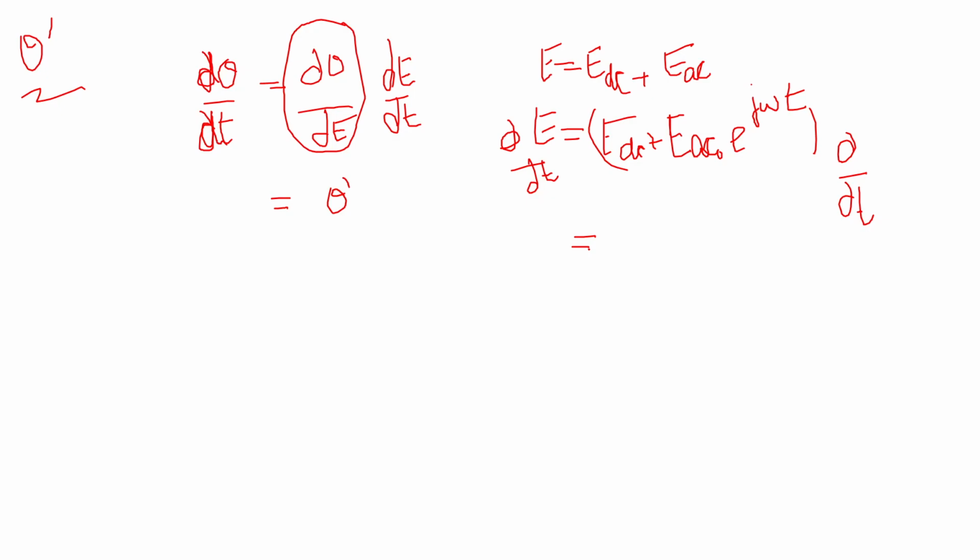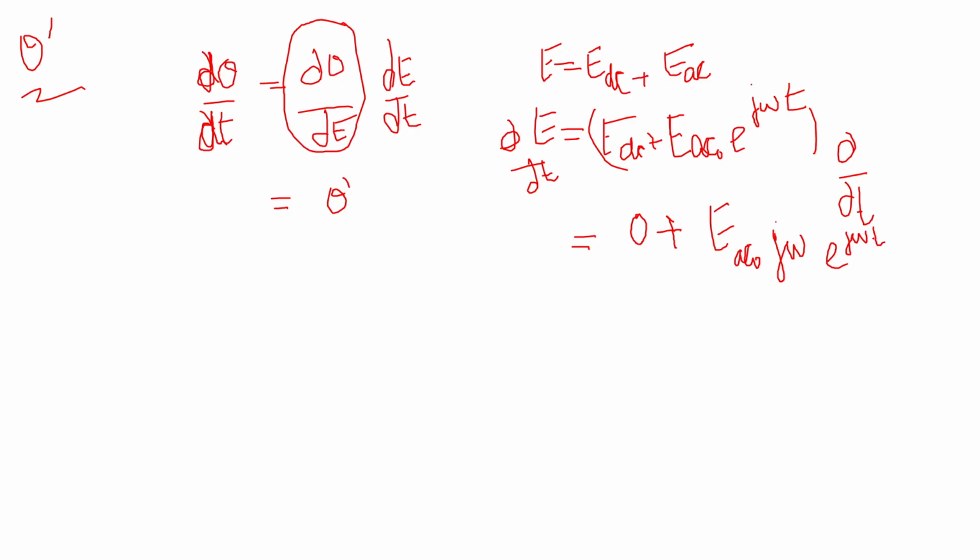It's a constant, so it will be zero. Right. What will be the next term? EAC naught is a constant, so it is differentiating only e to the power j omega t. What will I get? j omega into e to the power j omega t. t won't be written outside; t is the variable.